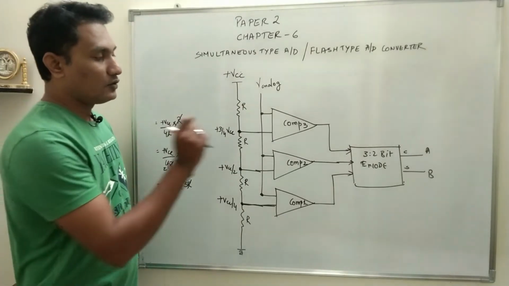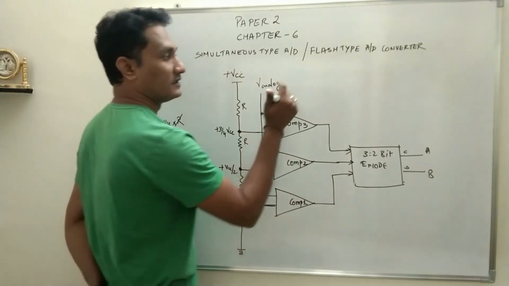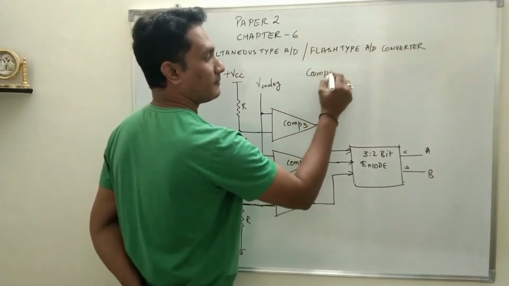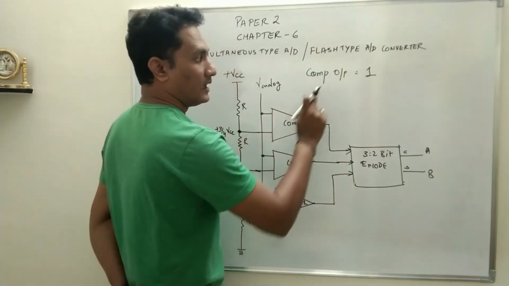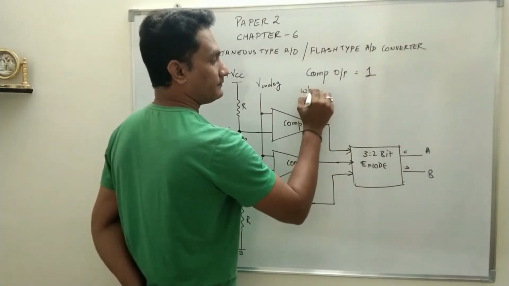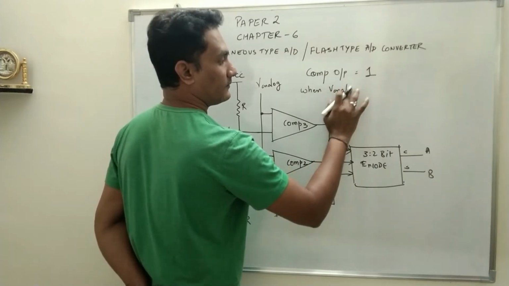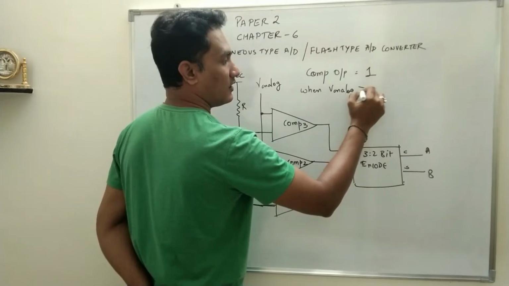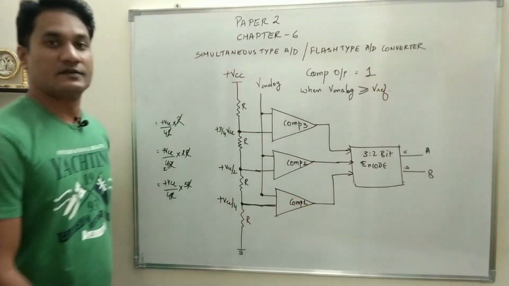Now, to understand the working, it is very important to know how the comparator works. The comparator output will be equal to 1 when V analog is greater than or equal to V reference.